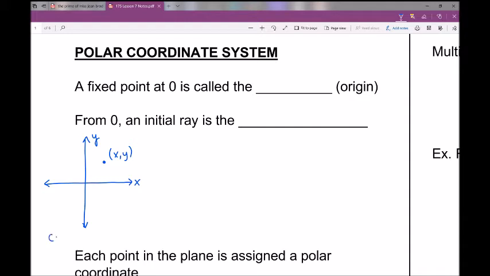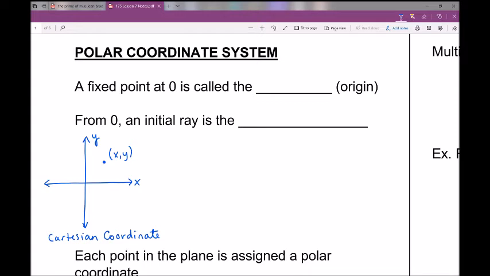So this is called the Cartesian coordinate system. But sometimes we have equations that are not so easily described in this system. So we want to use a new kind of coordinate system called the polar coordinate system.